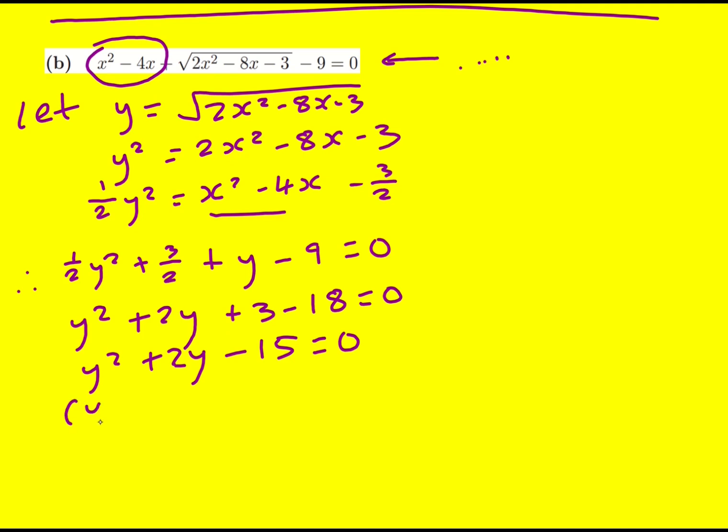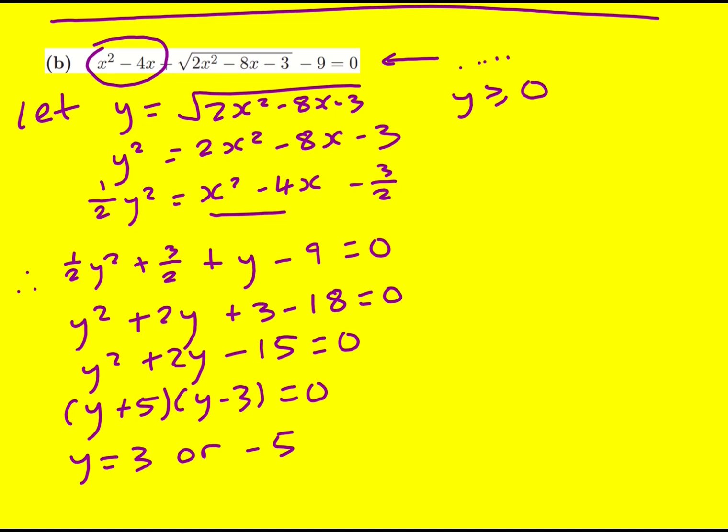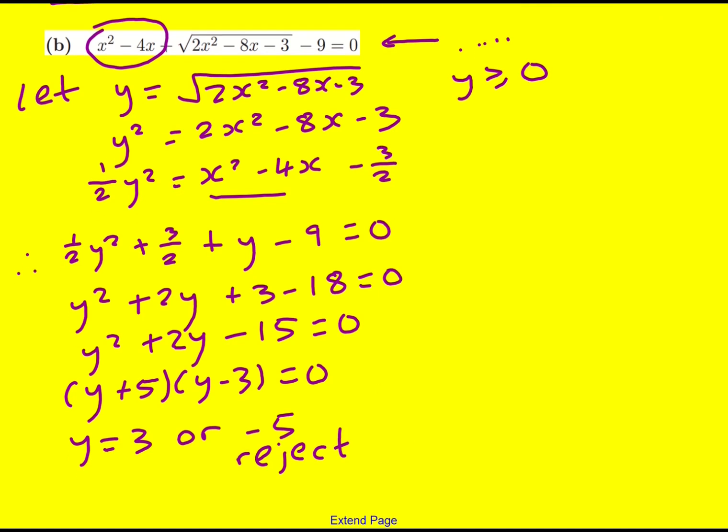And this again factorizes, so y plus 5, y minus 3 is equal to 0. So y is going to equal 3 or minus 5. Straight away reject that one. And then we can put it back in.